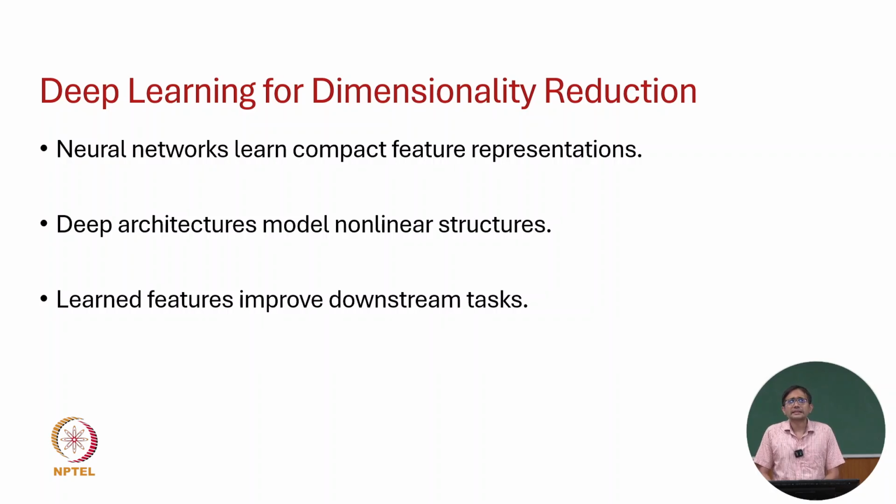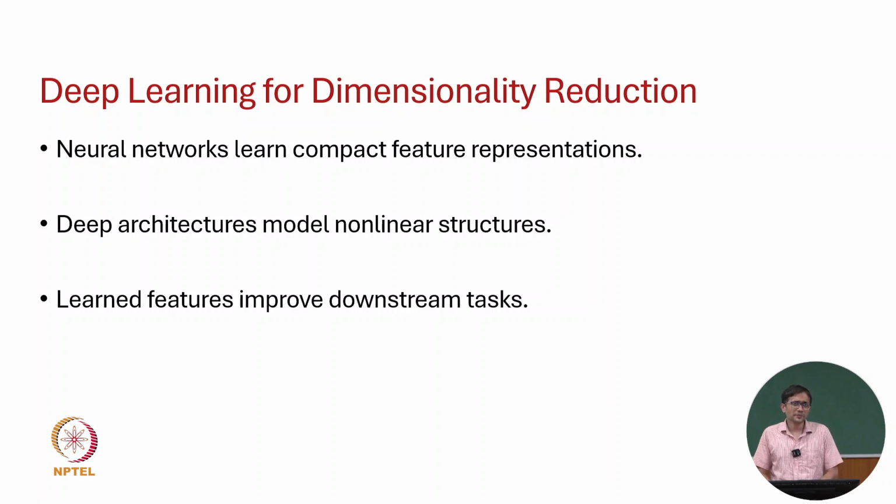So let us now start thinking about deep learning based approaches for dimensionality reduction. We know neural networks learn compact feature representations. Deep architectures model nonlinear structures, and the learned features then improve downstream tasks.